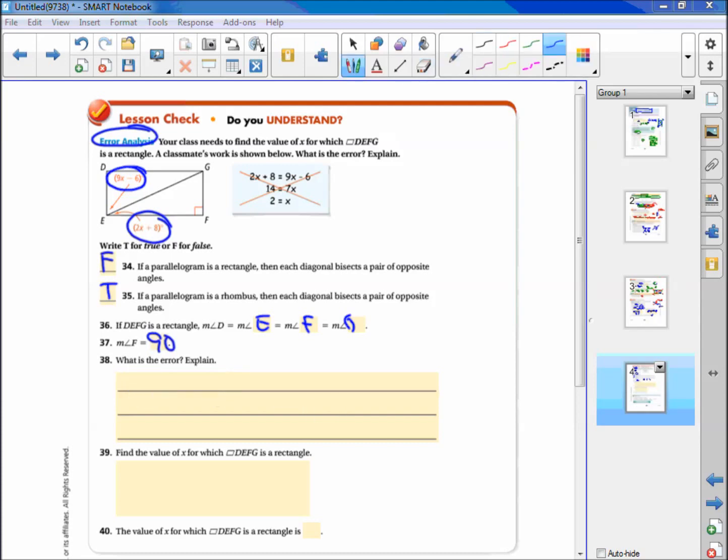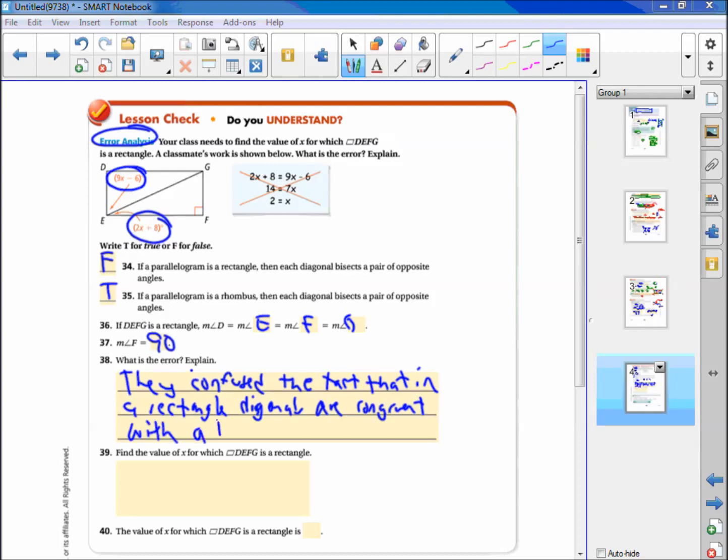They confused the fact that in a rectangle, diagonals are congruent, with a rhombus, where diagonals bisect an angle. Okay. All right, so find the value of x in this rectangle.